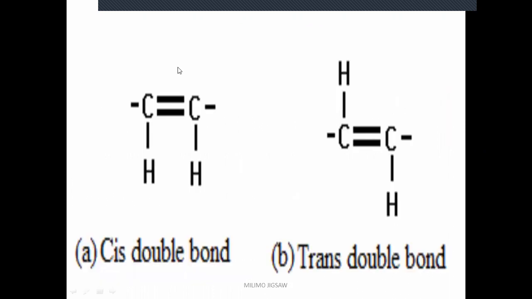Look at the hydrogen atoms: they are on the same side of the double bond. When we are talking about the trans double bond, the hydrogen atoms are on different sides of the double bond, one above and one below. So this is a trans, and this is a cis double bond.